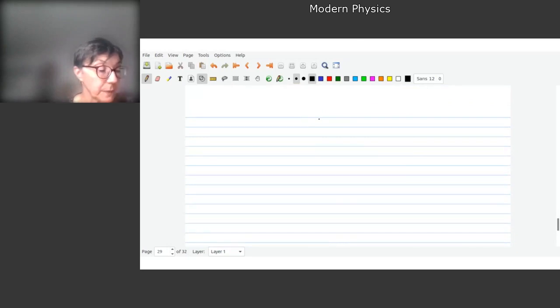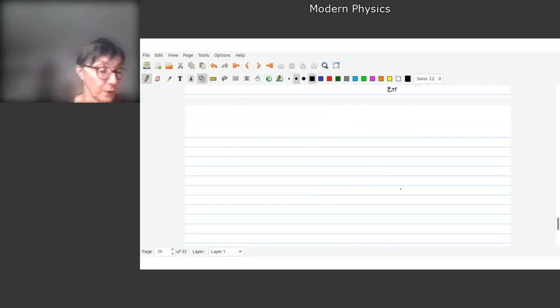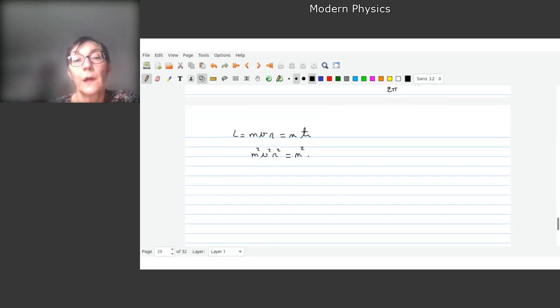So this is for the hydrogen atom. We can go back: L equals mvr equals n h bar. And so we have m squared v squared r squared, which is equal to n squared h bar squared. Why do I square this?